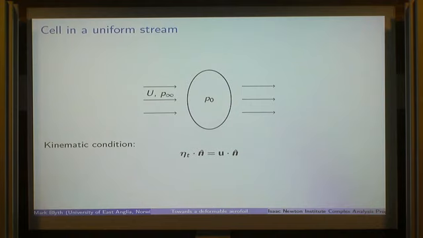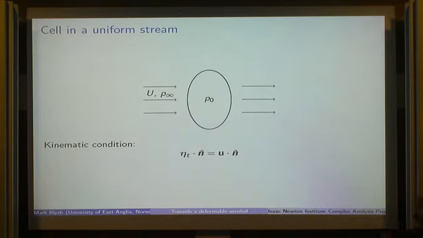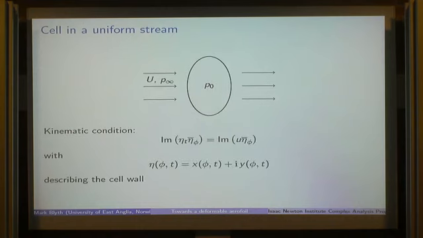I've got a kinematic condition to satisfy on the cell boundary whose shape is unknown. Okay, in advance, so it's a free boundary problem I'm trying to address. Let's let eta represent the position vector of a point in the cell wall, so that's just my kinematic condition saying that a point on the cell wall moves with the normal component of velocity local to it.